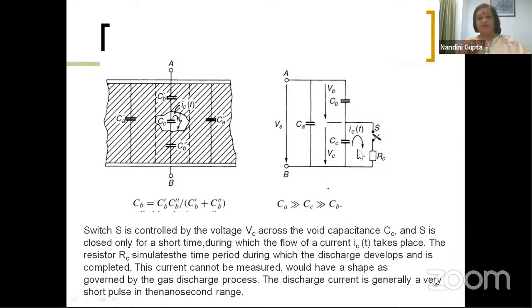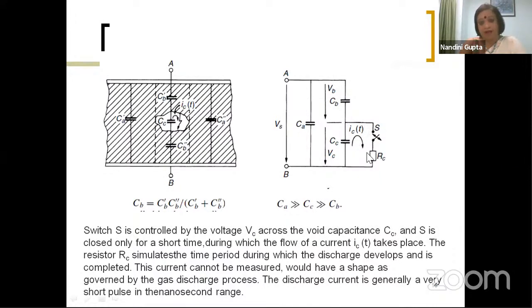Now, what you would have is, you can imagine the discharge to be a closing of a switch S. So as long as the switch S is open, you just have three capacitances. You have a voltage across the capacitor CA, and CA, CB, CC continue to get charge. At the instant when the discharge happens, you have the switch closed.